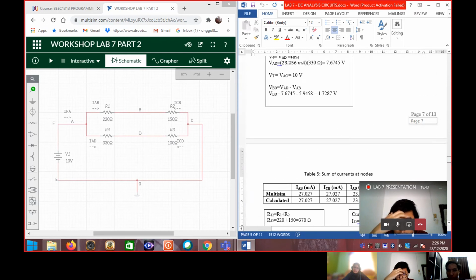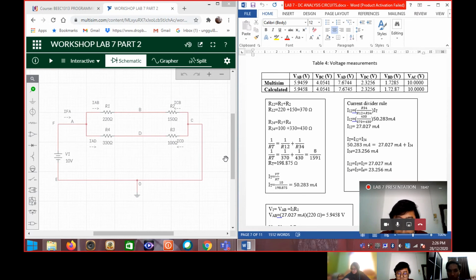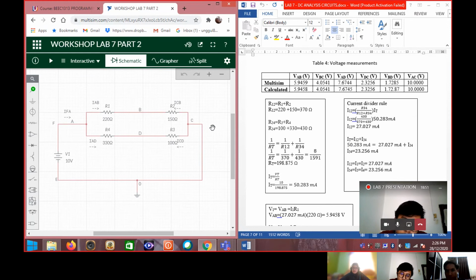For table 4, we are required to measure the voltage at AB, BC, AD, DC, BD, and AC.